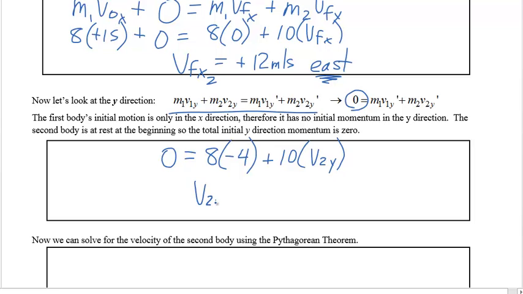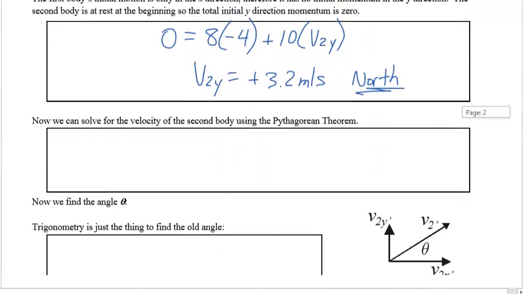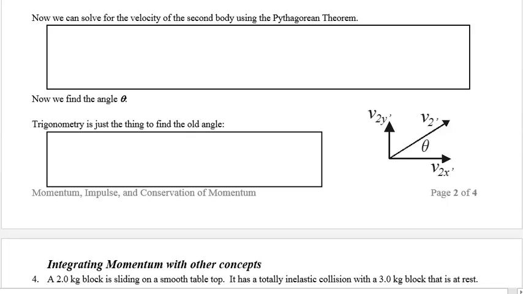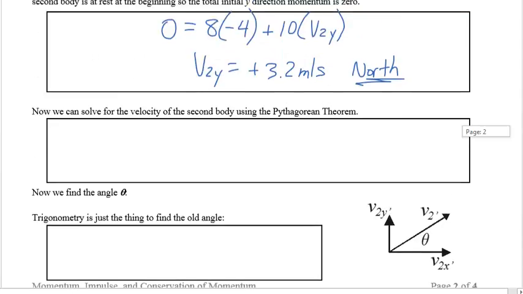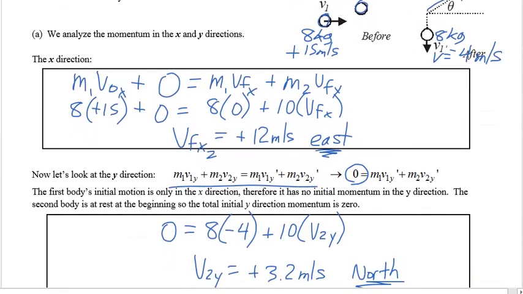So solving for that, we get that the 10 kilogram mass is moving slower. It comes out to be positive, so it's moving at 3.2 meters per second. And because it's positive, we know it's moving in the north direction. So what we know now, right, looking at our values, it's moving to the east and it's also moving to the north.